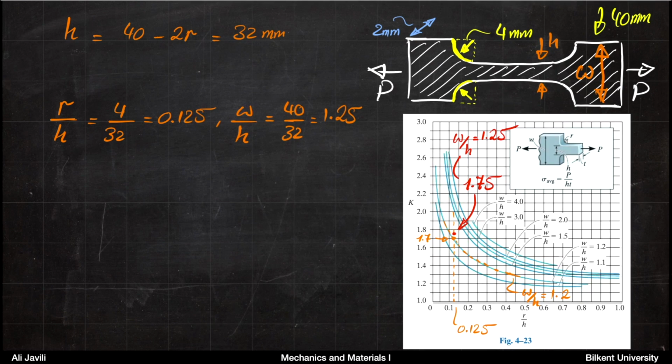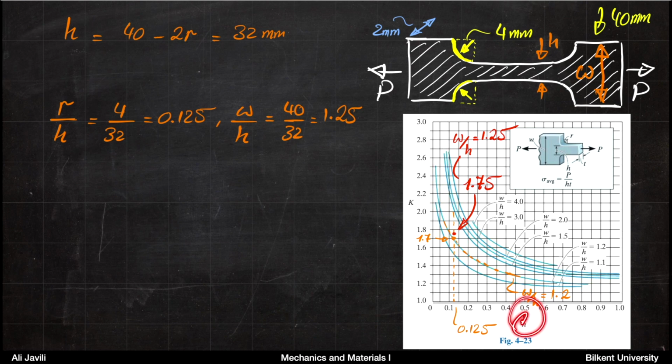So from these dimensions, we can come to the graph that we have. You find the corresponding values for W over H and R over H, and you calculate the stress concentration factor. Here we have the line for W over H 1.2. We don't have exactly 1.25, but we can imagine that if we take the 1.2 line and go slightly further up, it would work.